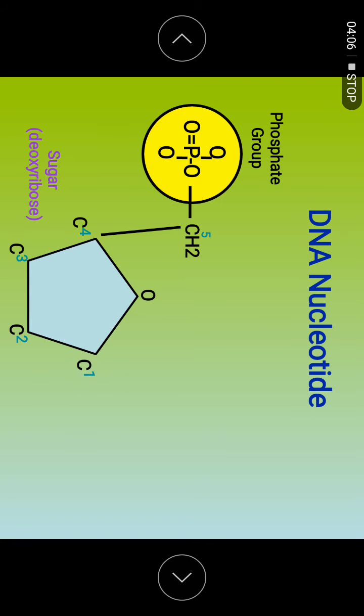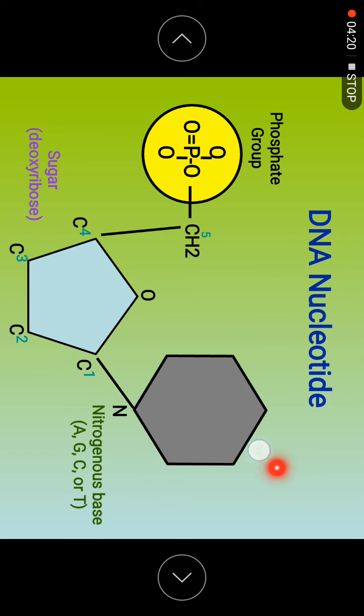So we call it pentose sugar. This is deoxyribose sugar. Then the third part is the nitrogenous base. This one can change. It can be either A, G, C, or T, one of these four. It becomes the base.